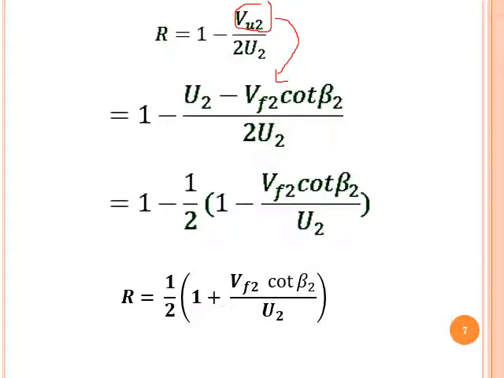So then degree of reaction R is equal to half into 1 plus Vf2 cot beta 2 by U2. So that is the expression for degree of reaction for a radial flow power absorbing turbo machine: R is equal to half into 1 plus Vf2 cot beta 2 by U2.